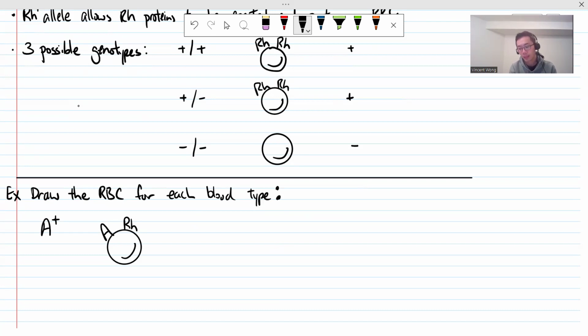Let's draw another one. Why don't we draw B negative? What would the B negative RBC look like? What's going to be on the surface?